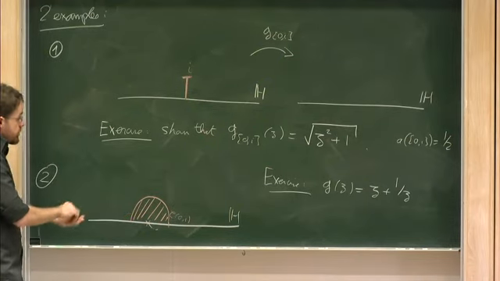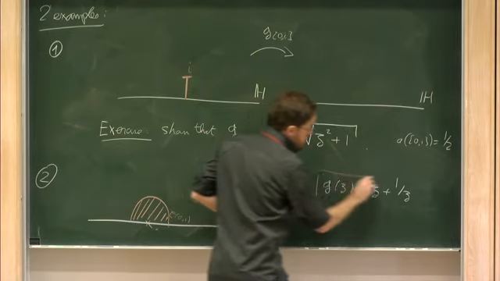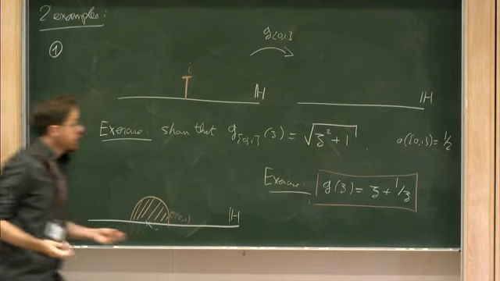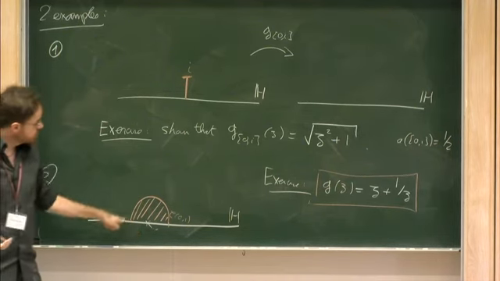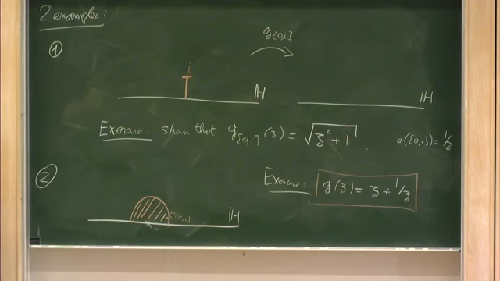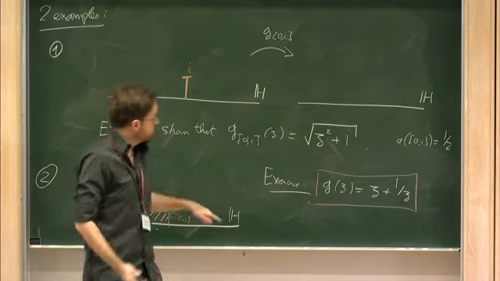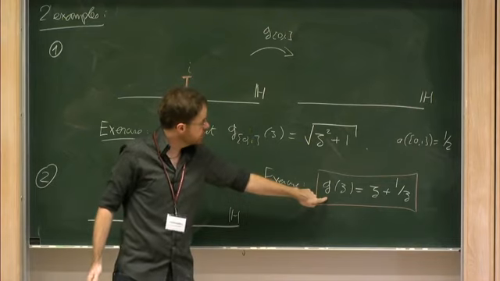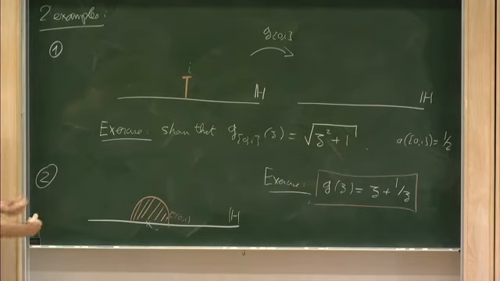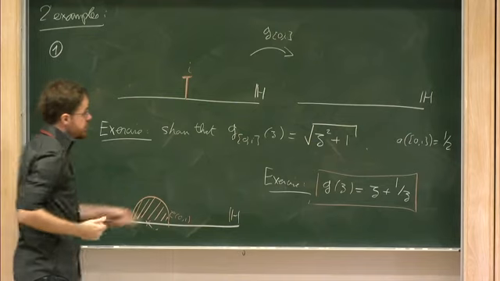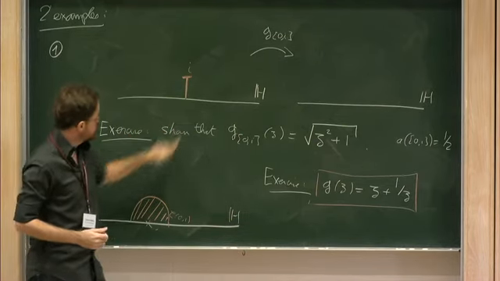So this is some natural conformal map. And it turns out that this removes half a disk from the upper half plane. Okay, so these are two exercises that, once you have the answer, once you know G, it's not difficult to convince yourself that the hull corresponding to G is here a segment and here a half disk.